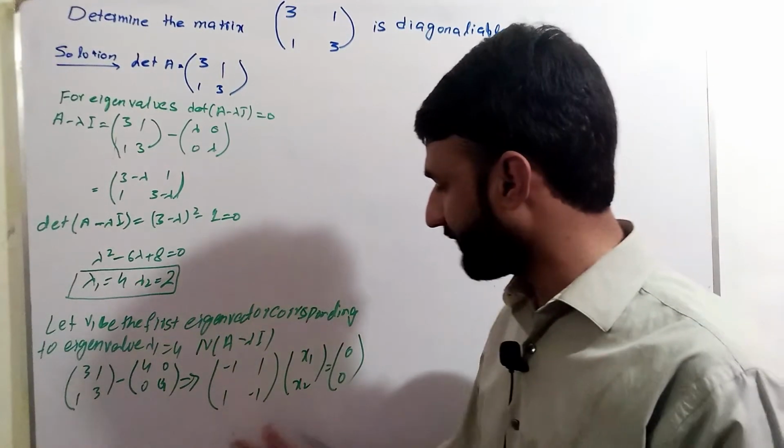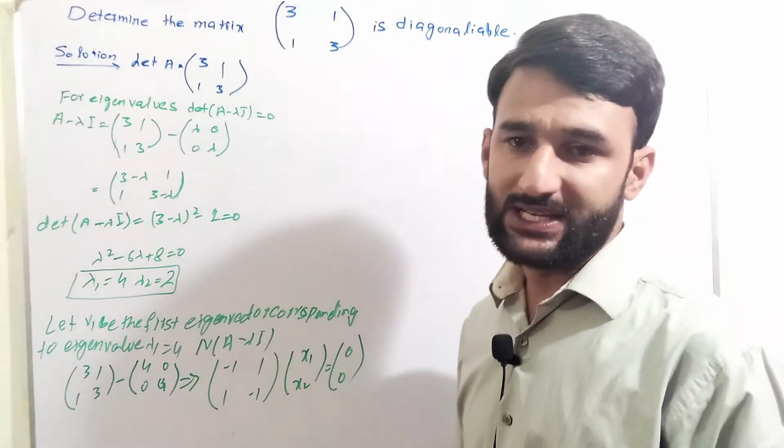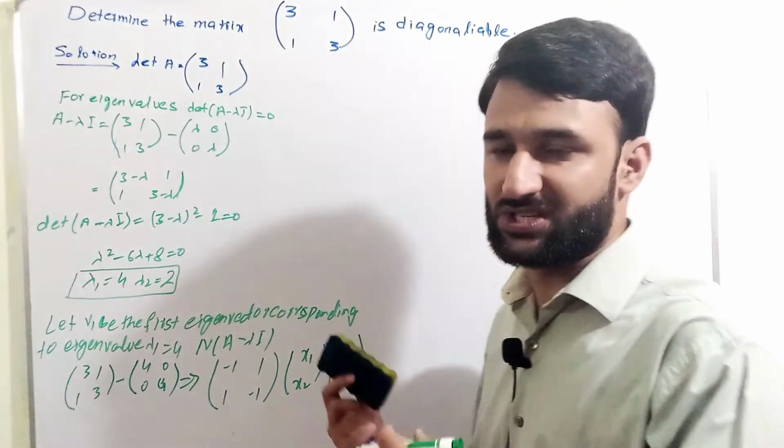Basically, this is the basic definition to find the eigenvectors: the null space of that matrix.